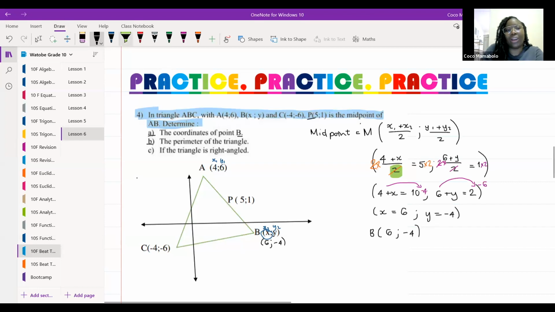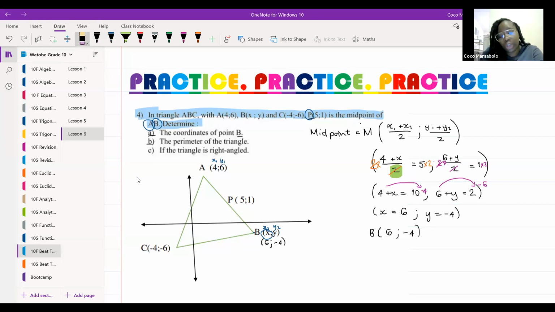All right, because the question over here says that P is the midpoint of AB, right? So if we wanted to find B using BC, we couldn't use the midpoint formula, because we don't have the midpoint over there.